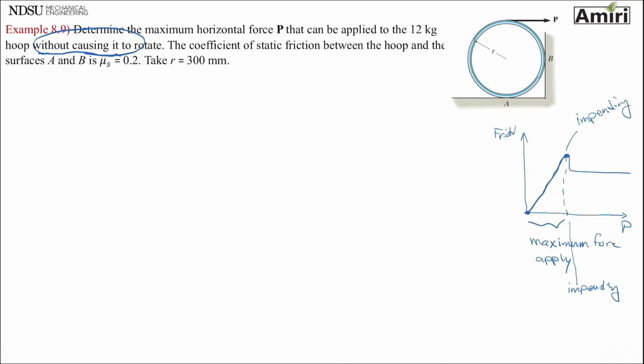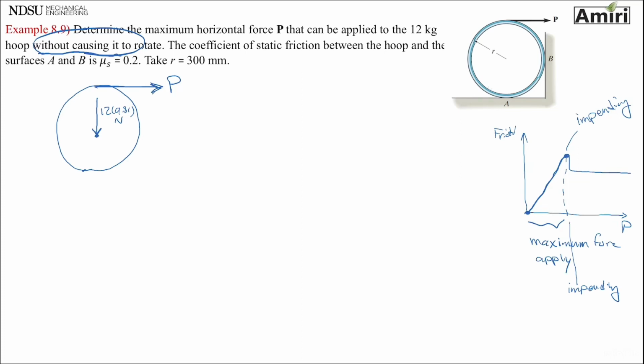First is to draw the free body diagram. Active force, which is P, that we want to find. The other active force acting is the weight. I put it in the center. 12 kilograms, so it's going to be 12 times 9.81 newtons. And then put reactive forces.